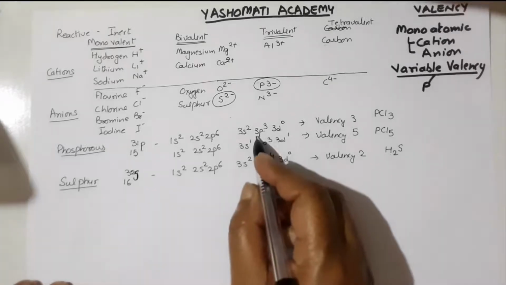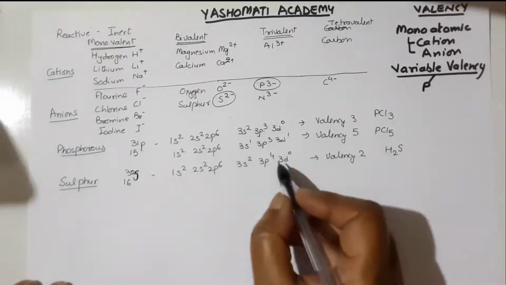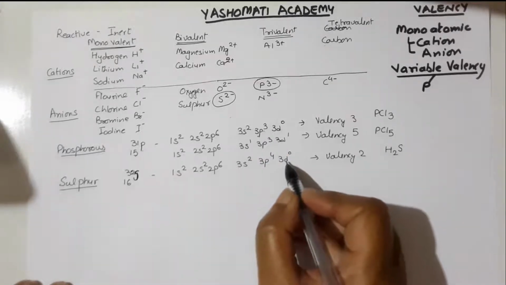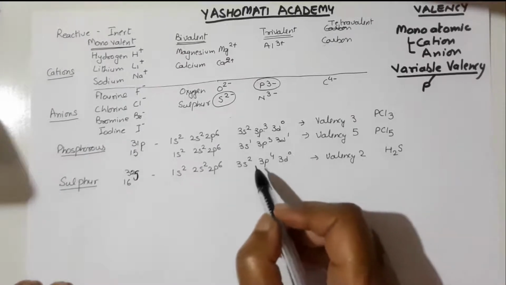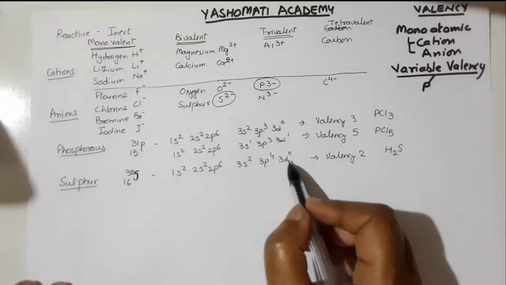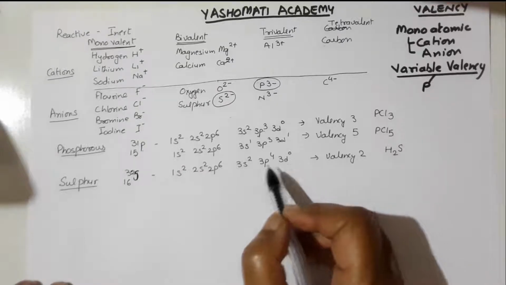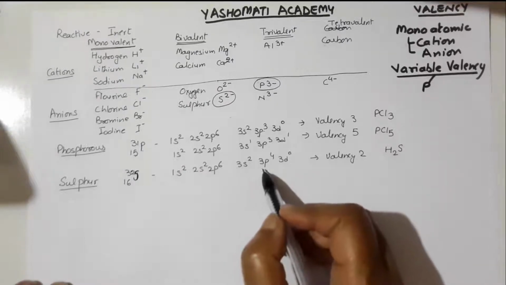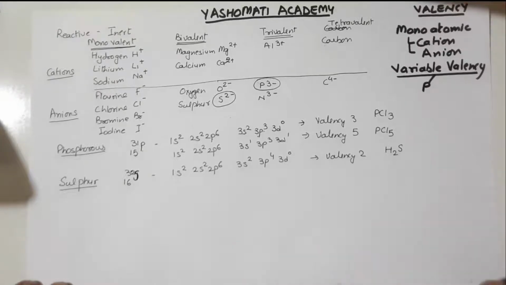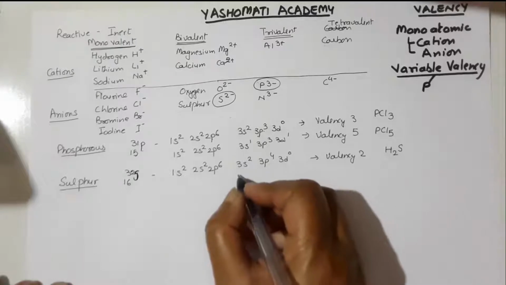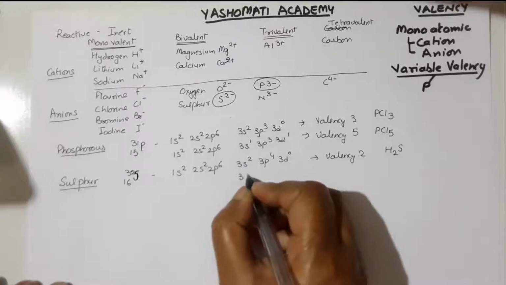Now the reason is the same as in this case. We saw that the 3d subshell is vacant, so an electron can jump to the 3d subshell because the energy difference between 3p and 3d and 3s and 3d is very less.